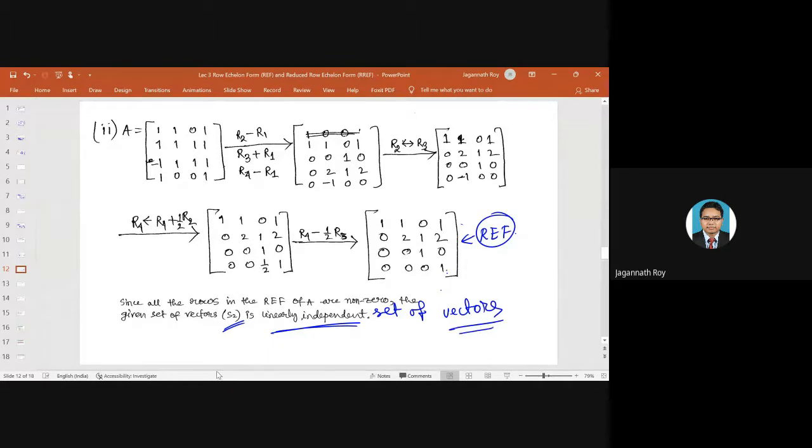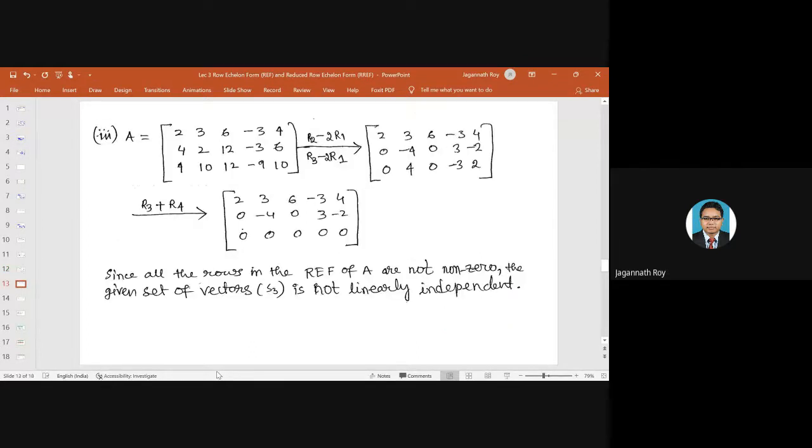I'm not doing these row operations again; you can do them yourself to verify. In the third example, it has only 2 non-zero rows, so it is also not linearly independent.